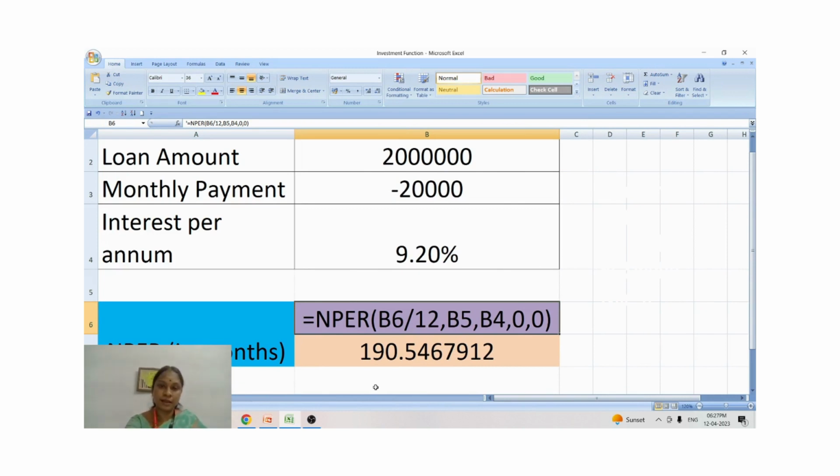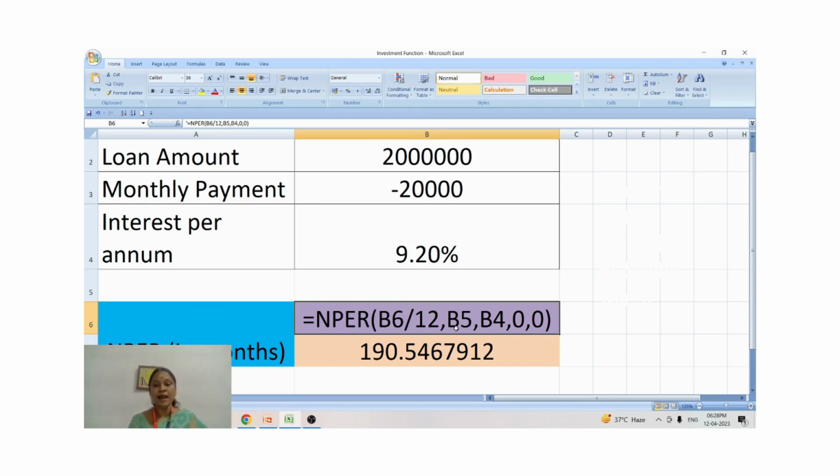I showed you the way we calculate with the support of Excel, where we use the rate. The rate of interest here, B6, represents the rate of interest, which is given as a per annum rate. In a year there are 12 months, so we divide 9.20 by 12.